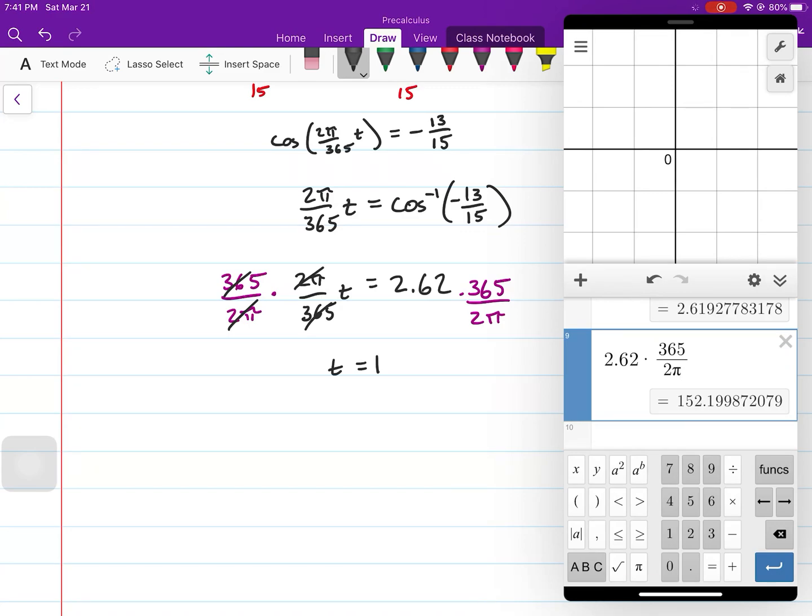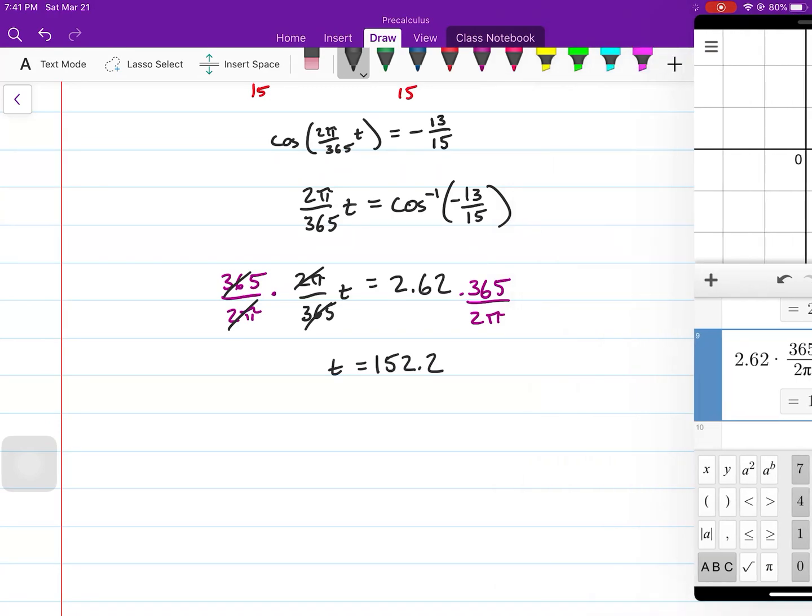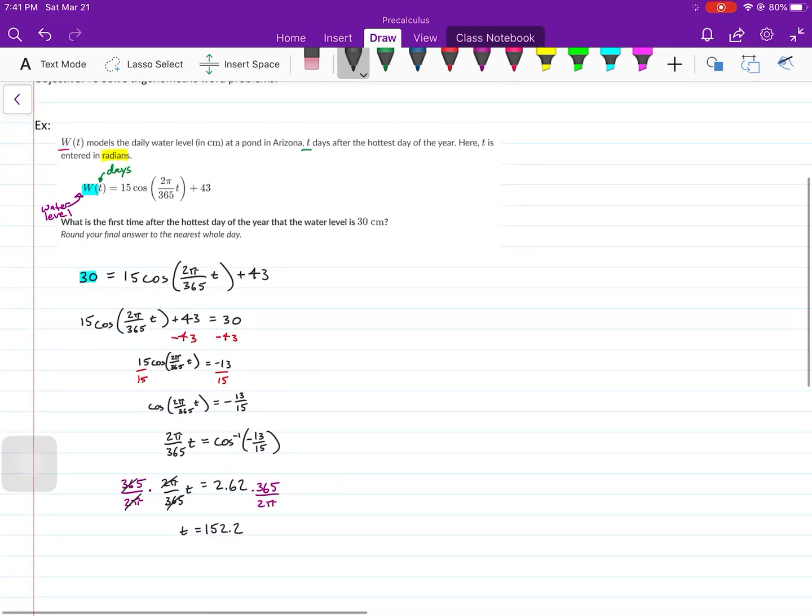And that would be 152.2. And that's the answer I got. So that would be the first time, and that would be 152 days after that. Oh, they want us to round our answer to the nearest whole day, so let me get rid of that there. So 152 days.